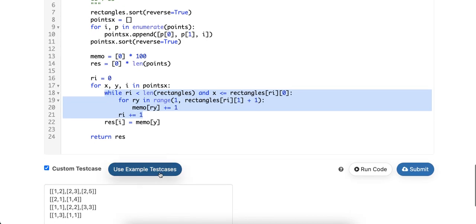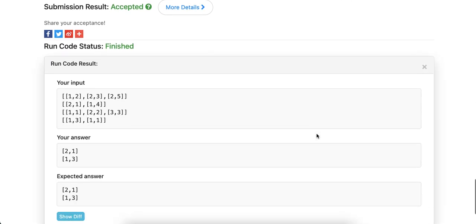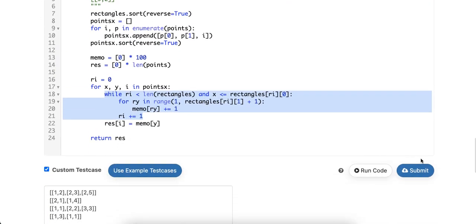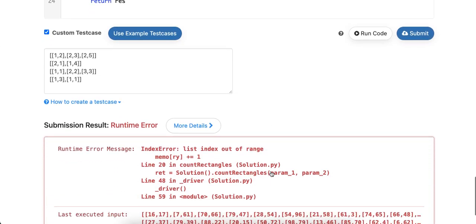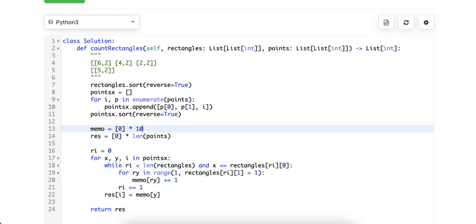First of all, let's test it. So it looks correct. Now let's submit it. Runtime error. List index out of range. Oh, right, because I'm using a non-zero index.